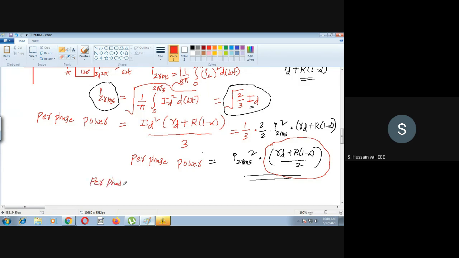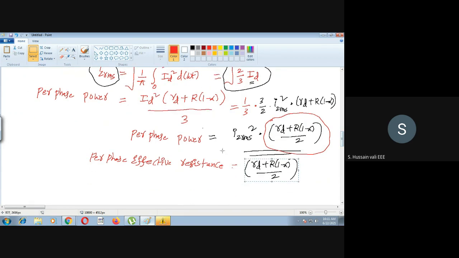The per phase effective resistance is equal to, in place of this, whatever you have, we'll put it like this. So this is the per phase effective resistance, this one which is in the red color circle. In place of R, whatever is left, that we can call the per phase effective resistance.